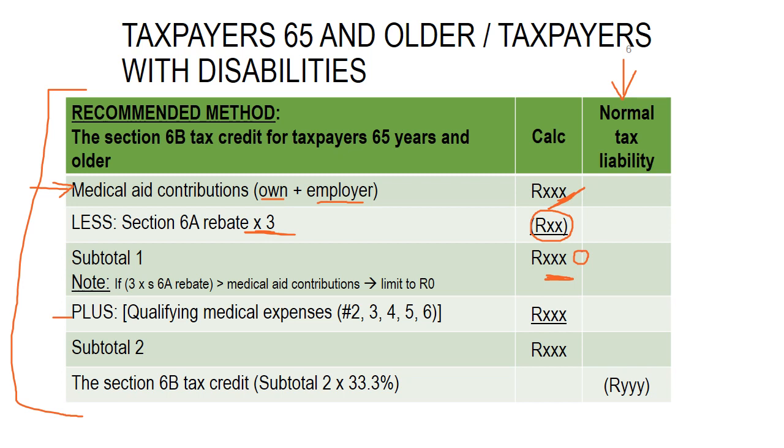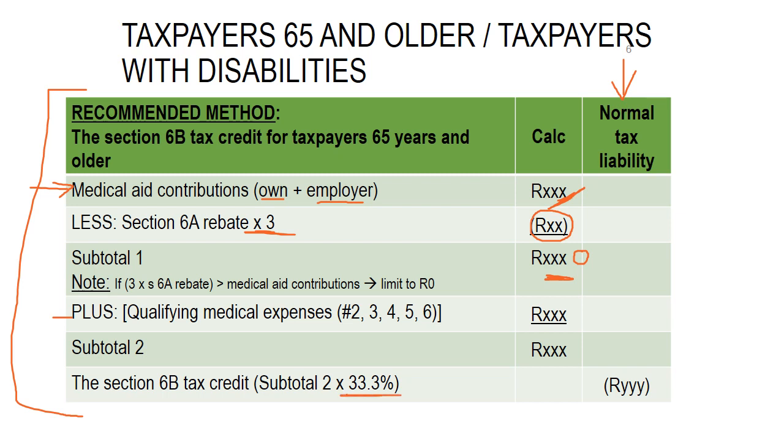You can't work with a negative at subtotal 1. Once we've determined subtotal 1, or even if it's at a 0, you're going to go, what were my qualifying medical expenses? And those are the list on the previous slide. Add that to subtotal 1 to give me a subtotal 2, and then it's very straightforward. Take subtotal 2 and multiply it by 33.3%.